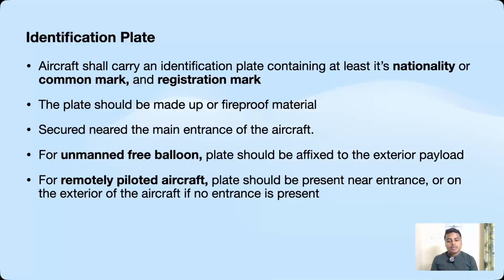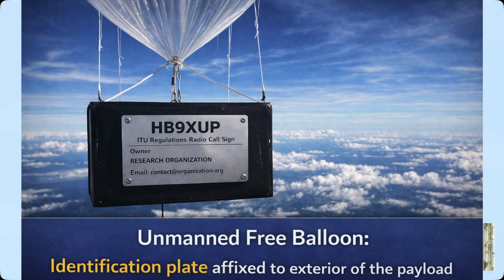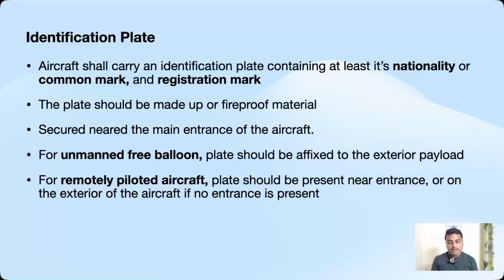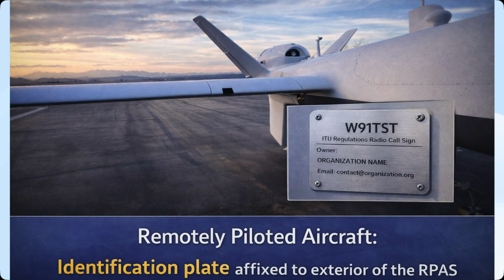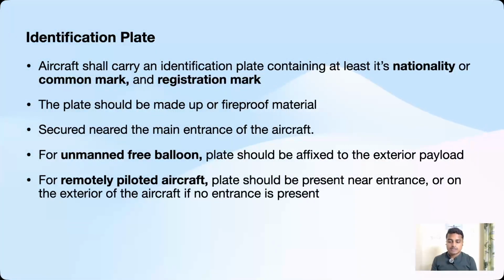These plates should be made of a fireproof material. They should be secured near the main entrance of the aircraft, and for an unmanned free balloon, the plate should be affixed to the exterior payload. And for remotely piloted aircraft, these identification plates should be present near the entrance or on the exterior of the aircraft if there is no entrance.